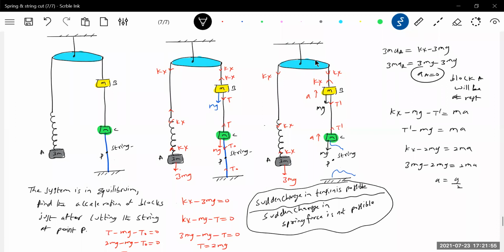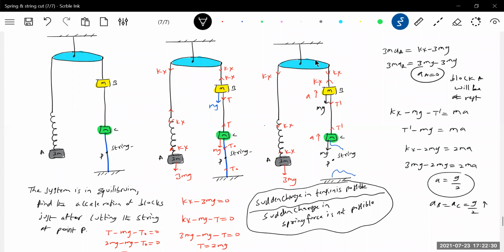Now what is the acceleration of the blocks? Many of you gave answers. Intentionally I was asking you to check it, I wanted you to really think. If I say wrong, you'll start analyzing still more beautifully. Some of you gave very good answers: g by 2. What is this? Acceleration of both the blocks, and it will be upward.